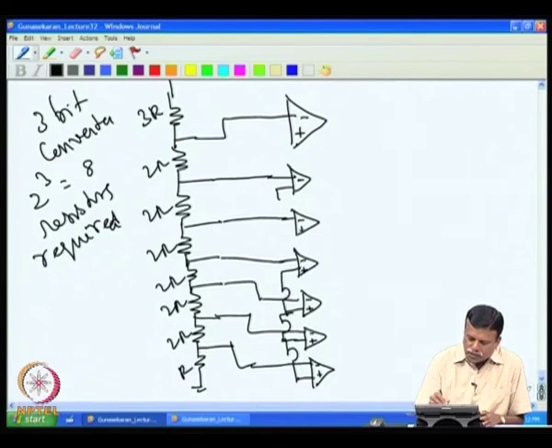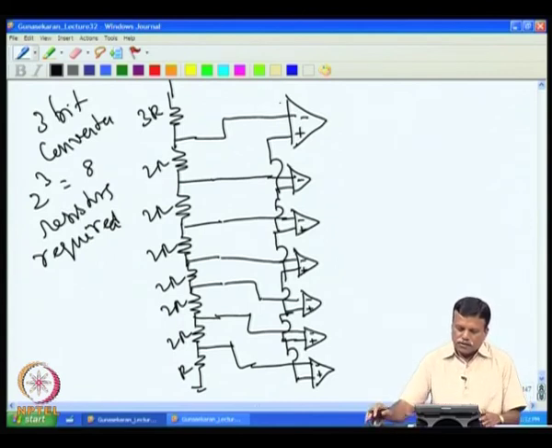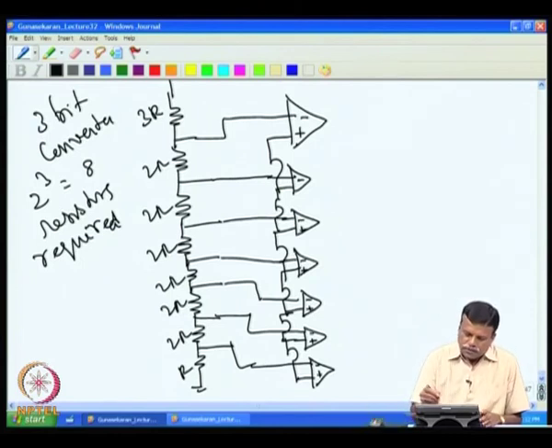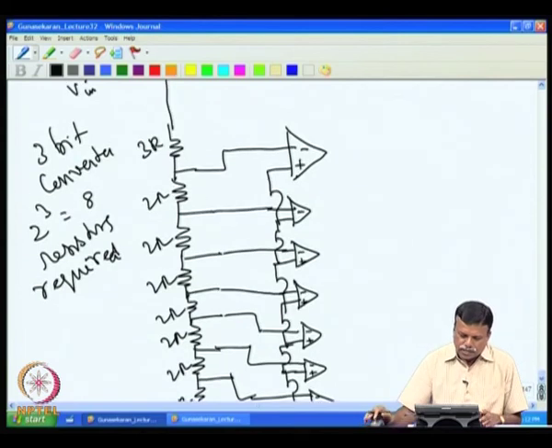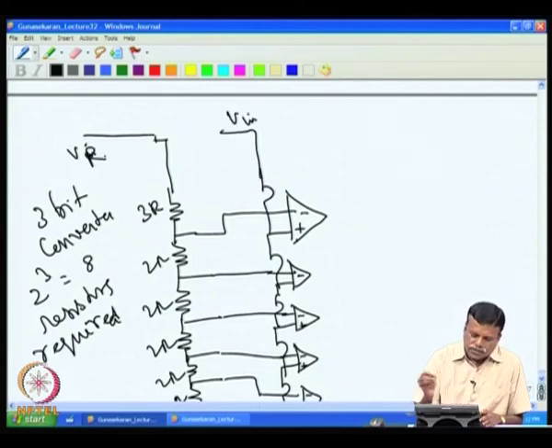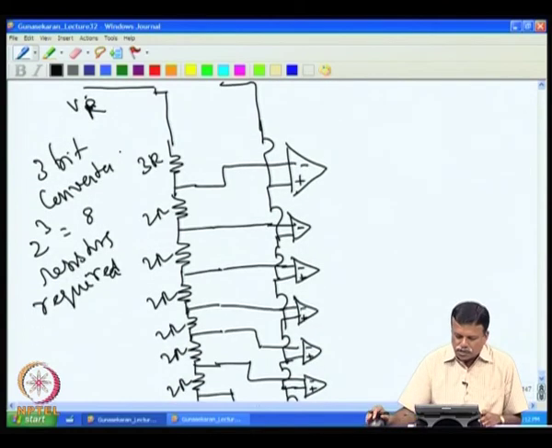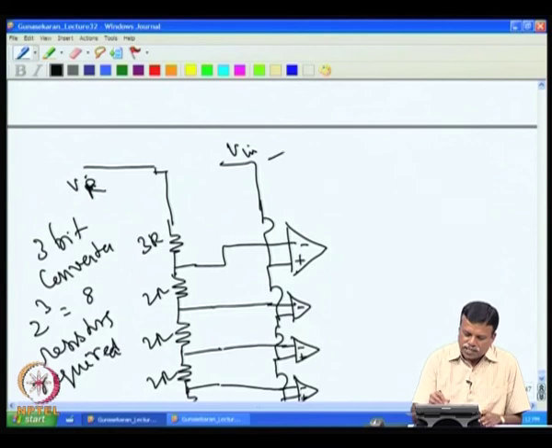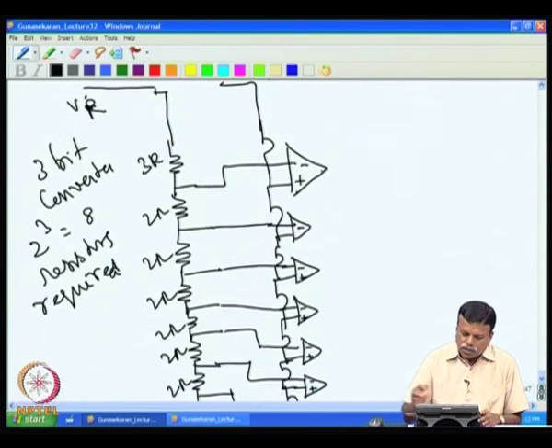There is no reason why it cannot be connected the other way. Okay, actually we have to have V input connected here, and this is connected to V reference. So, this is a fixed voltage divider. So, we have the V input which is to be digitized connected here, and then the other voltage is connected to each comparator.